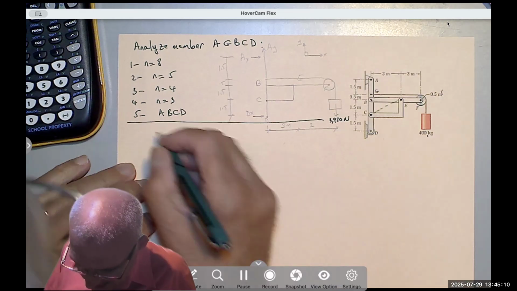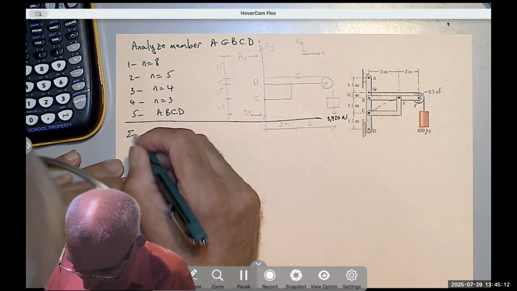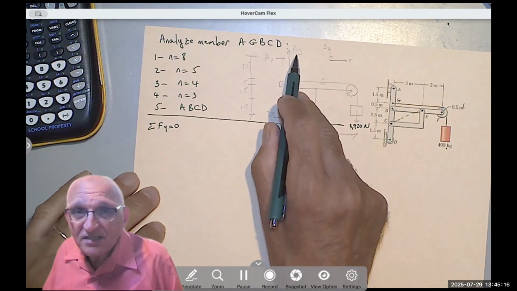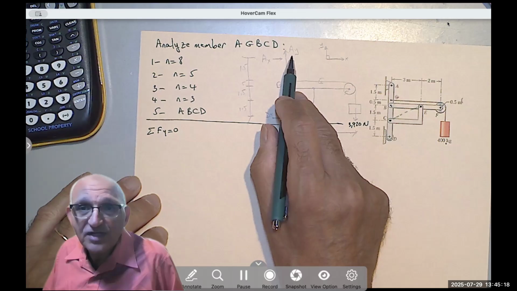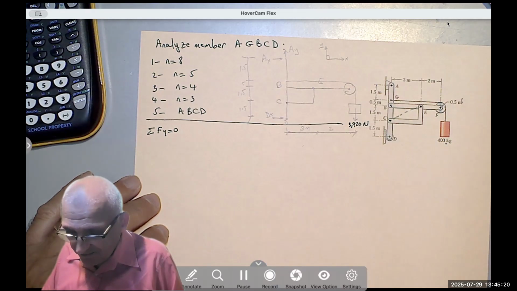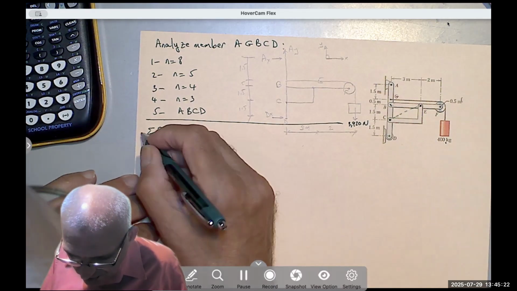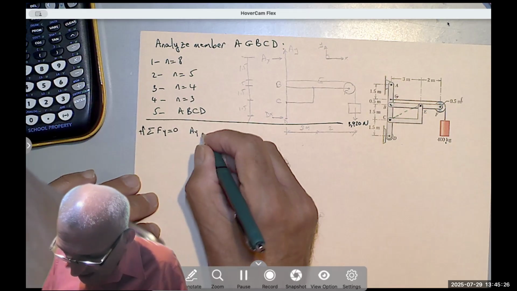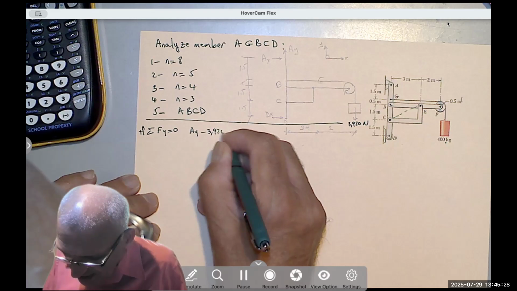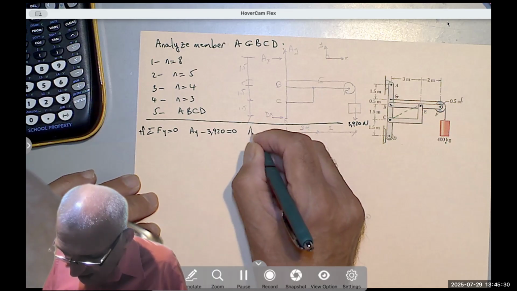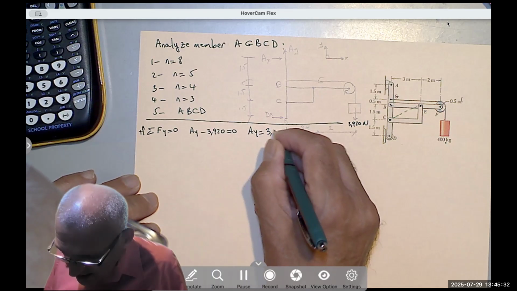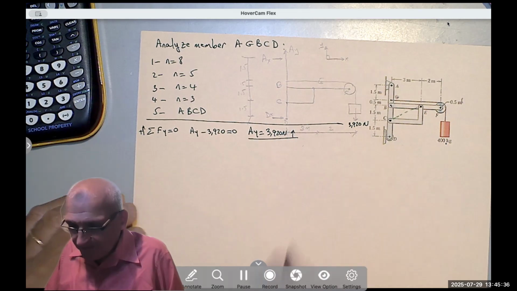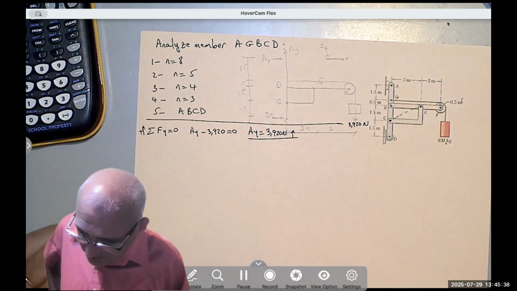So when I start, I say summation of the forces in the y equals 0. Why? Because AY is the only vertical support reaction. There is nothing else, right? So up is positive. I have AY going up minus 3920 going down. So AY equals 3920 Newton going up. That was easy. I found that.